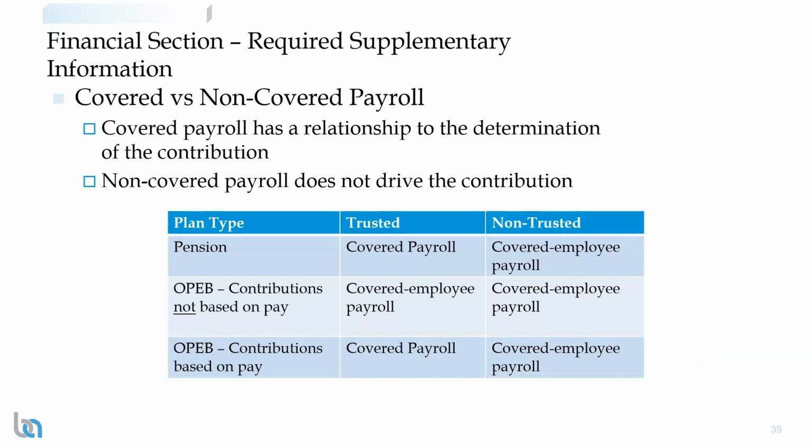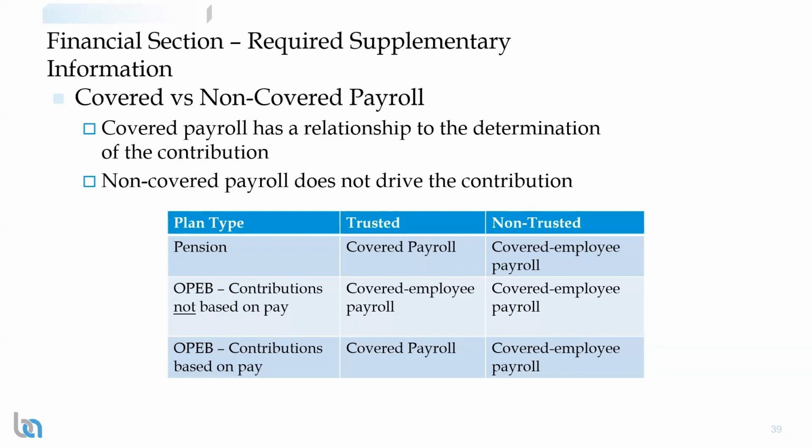Something to keep thinking about for your required supplementary information for pension and OPEB is whether you're using covered payroll or non-covered payroll. Essentially, covered payroll is the payroll that drives the amount you contribute to the plan. Like with CalPERS, your pensionable earnings are what really determine how much you contribute to the plan.